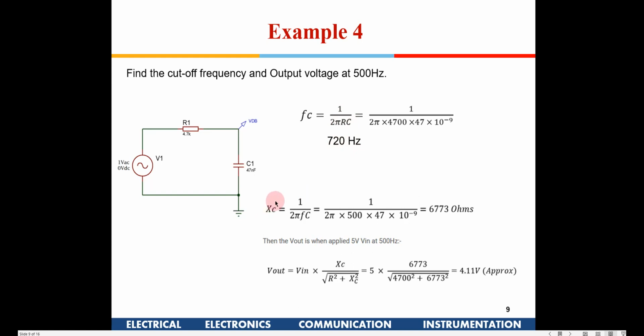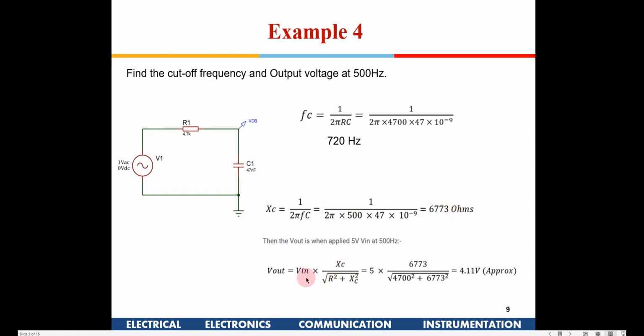If you have to find out the Xc also, you can use these standard formulas, and it says to find out V out at 500 hertz. So to find out the output at 500 hertz, first I have to find out Xc by putting the value of F as 500. So I get 6773.